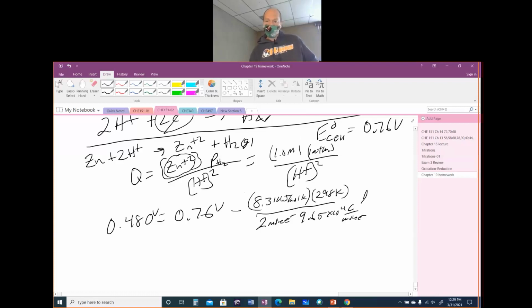And now the ln of Q, which is equal to 1 times 1 is 1 over H plus squared. So that is your Q.